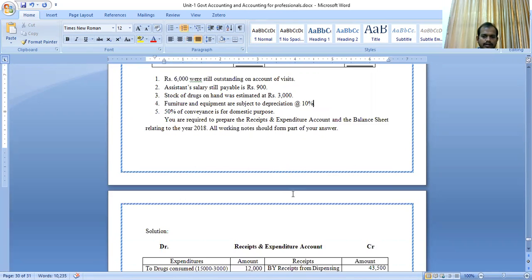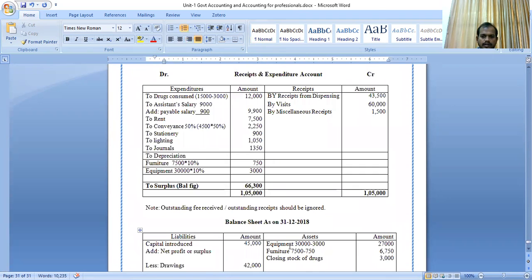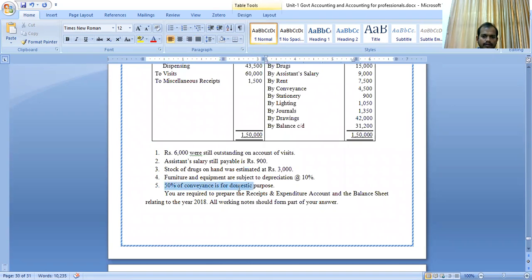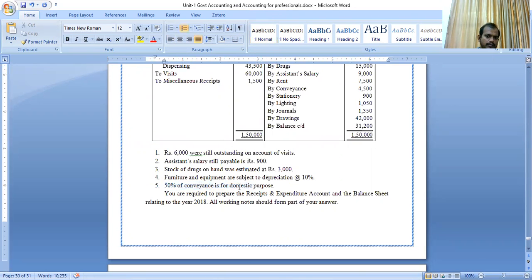So furniture: we already considered the depreciation amounts. So 50% conveyance for domestic purpose.